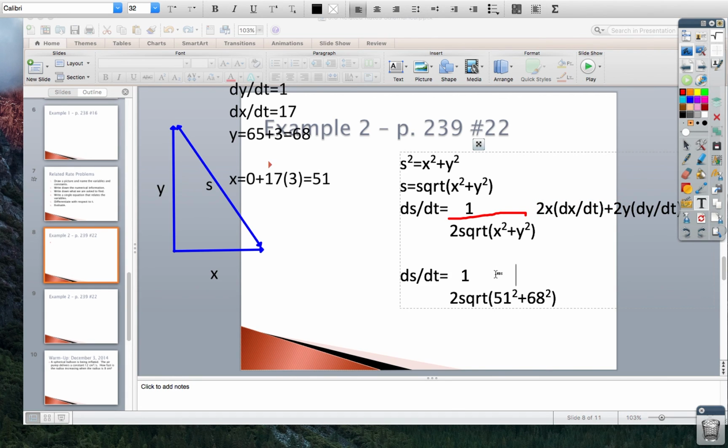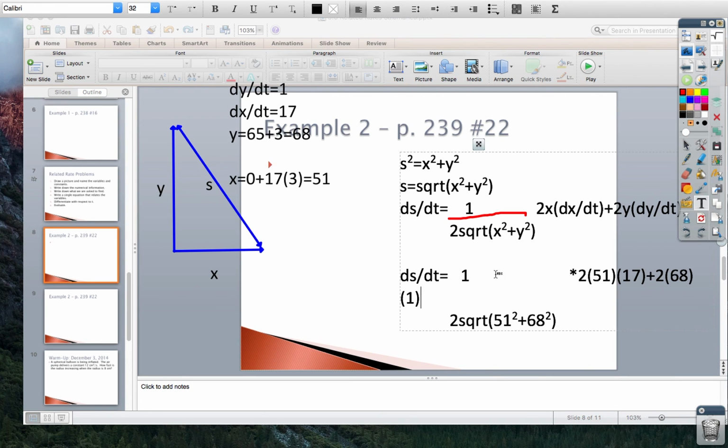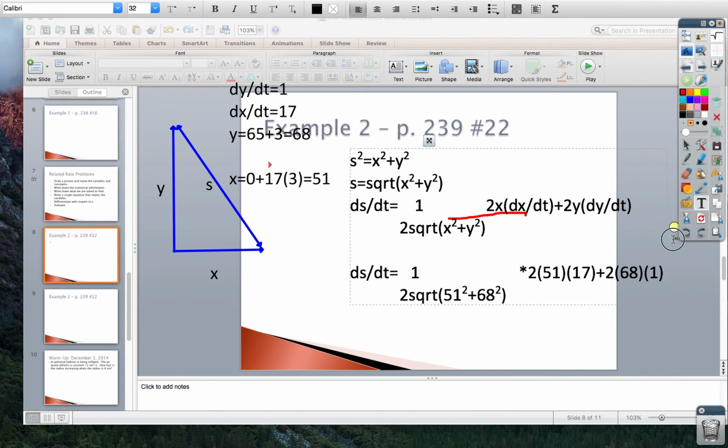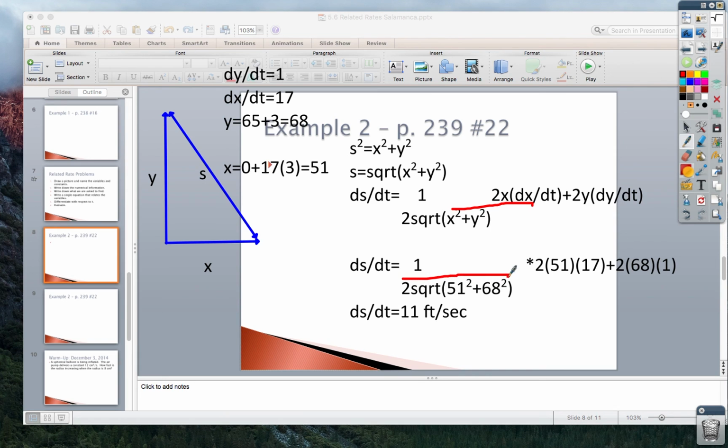So I'm going to write that to the right because we're multiplying 2 times 51 times dx/dt, which is 17, plus 2 times y, which is 68, times dy/dt, which is 1. When you simplify all of this, you get ds/dt is equal to 11 feet per second. And that's it.